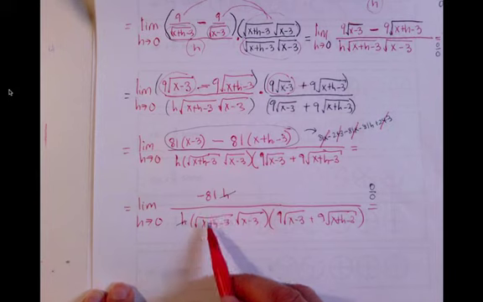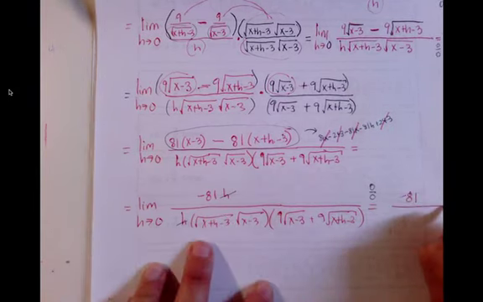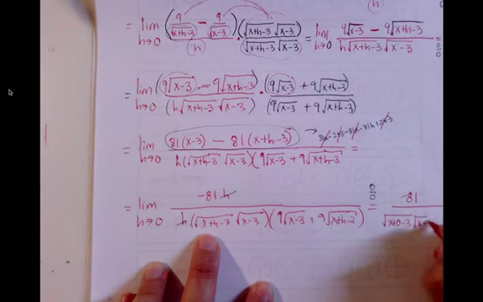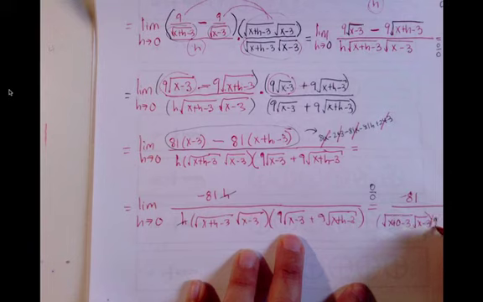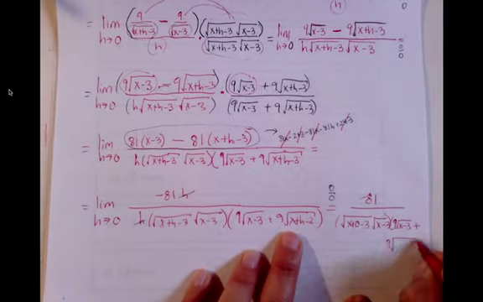And when I try direct substitution after that, I get negative 81 over the square root of x plus 0 minus 3 times the square root of x minus 3, times the square root of 9x minus 3 plus the square root of 9x plus 0 minus 3.